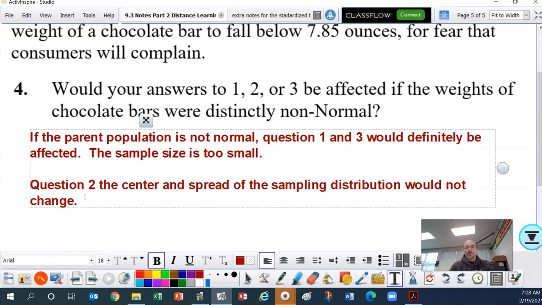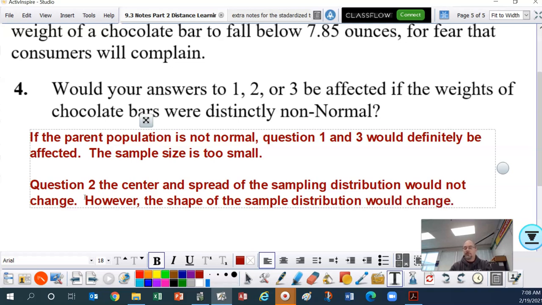Okay, however, the shape of the sampling distribution would change.